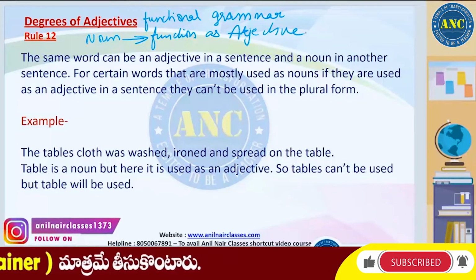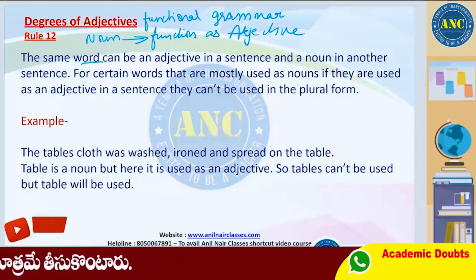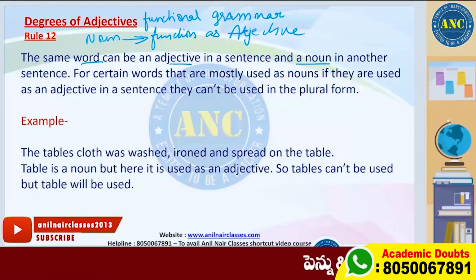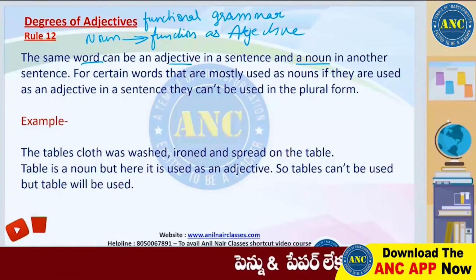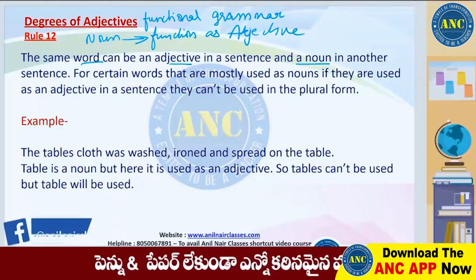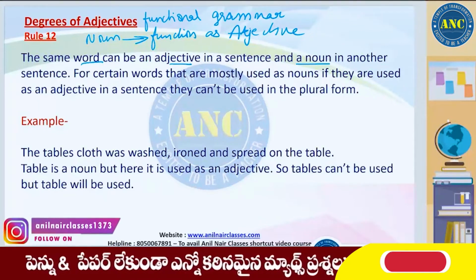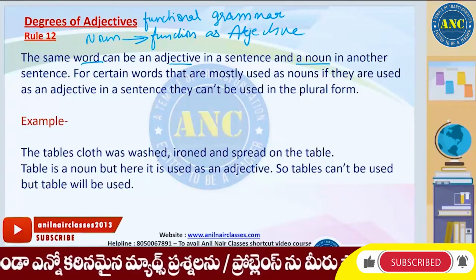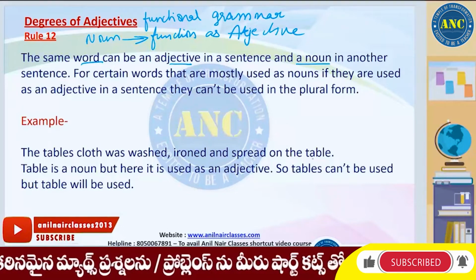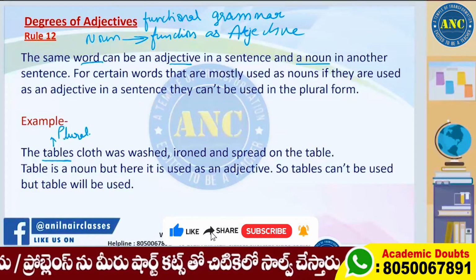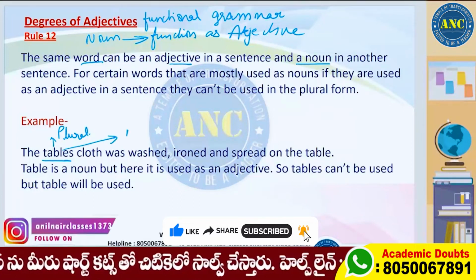Which is why we say in one sentence a word can be an adjective, whereas in another sentence the same word can function as a noun, right? But there are certain words that are mostly used as nouns. If they are used as an adjective in the sentence, they can't be used in the plural form. Let's see the example. The table's cloth was washed, ironed and spread on the table. Now here tables is the plural form, right? But it is used as the adjective.